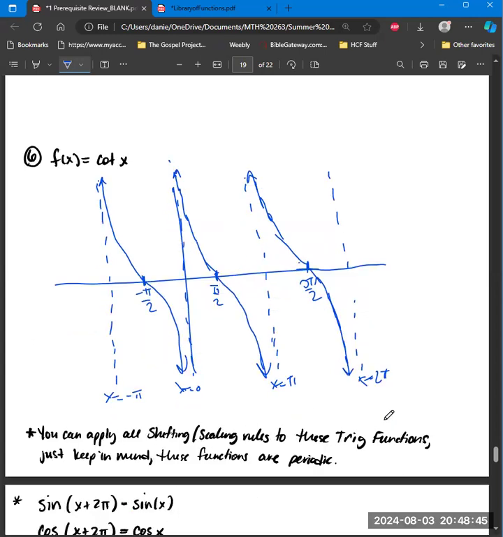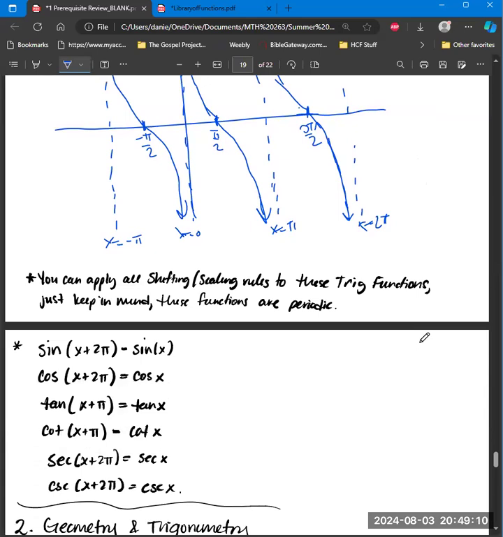You can apply all the shifting and scaling rules to these trig functions as well, but just make sure that you know that these functions are periodic, and you also can't get the b part out that's with the x on the inside. You can't get it outside like you can on a lot of the elementary functions.